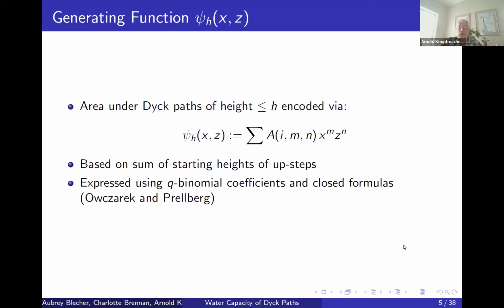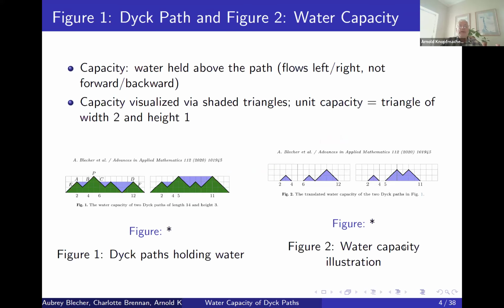And something that is quite important for this is that if we go back to the water picture, you'll notice that the water is not allowed to be an arbitrary Dyck path, because if you look at the left-hand picture in Figure 1, then it should be clear that the height of the water, the upside-down height, if you like, certainly cannot be greater than the height of the entire Dyck path.